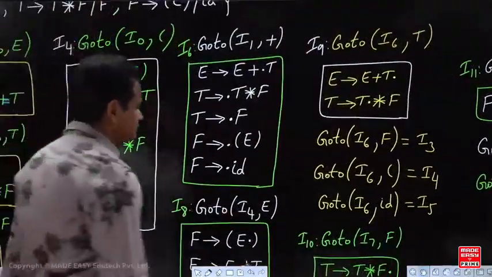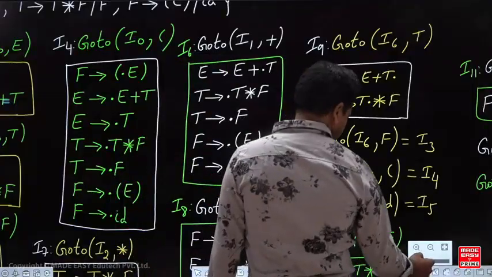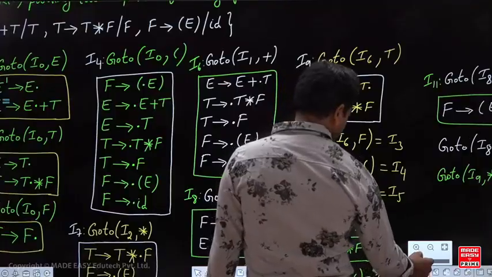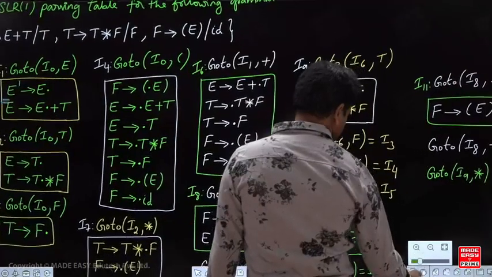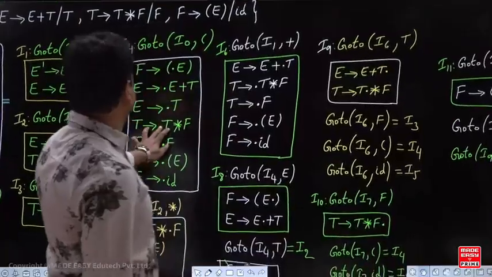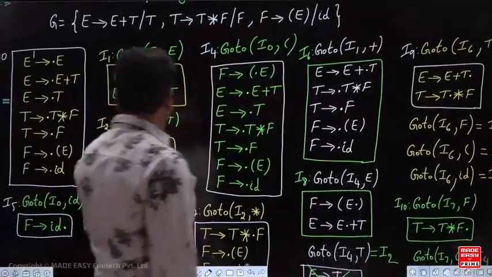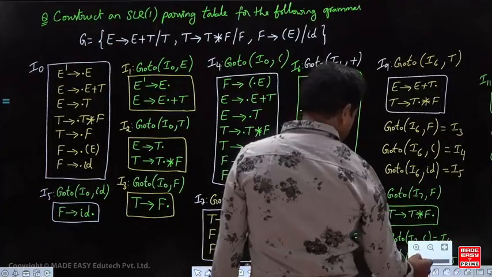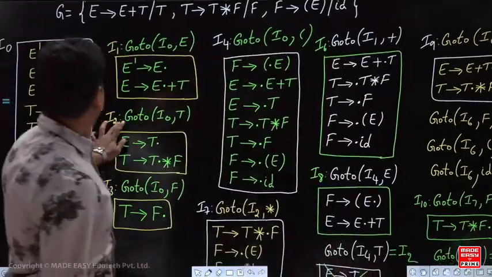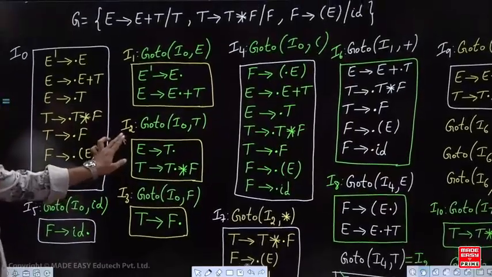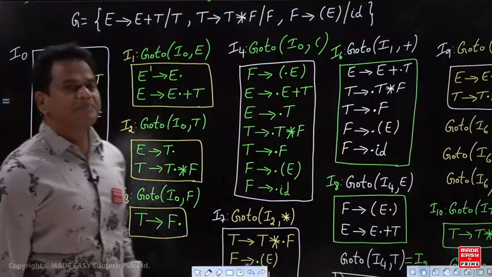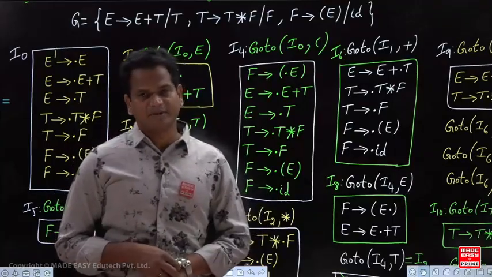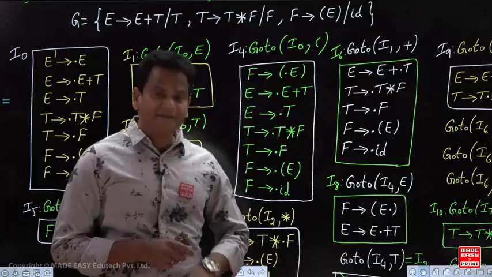Okay? Now, these are the canonical set of items for this grammar. Now, while constructing the parsing table, we must consider every production.